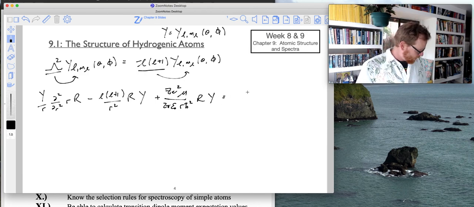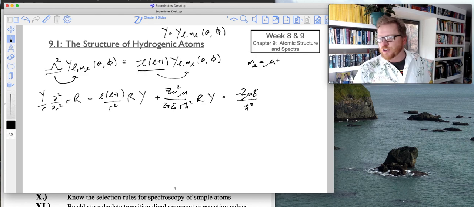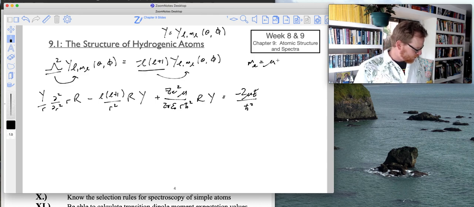And then now that all equals my k solution, which I know k is negative 2 mu e over h bar squared, right? Mu, remember, m and reduced mass, they're interchangeable for my electron-proton system.